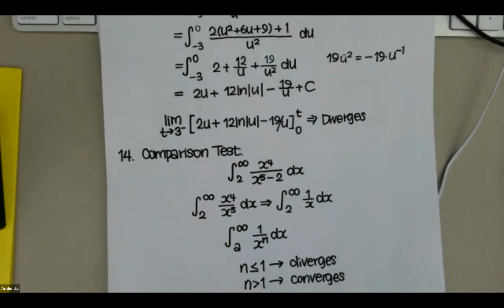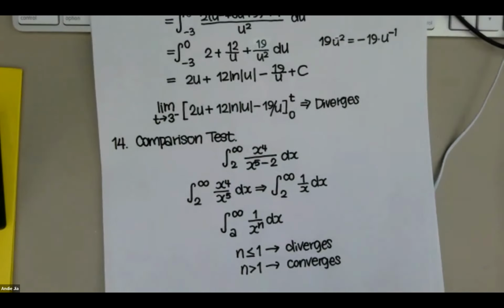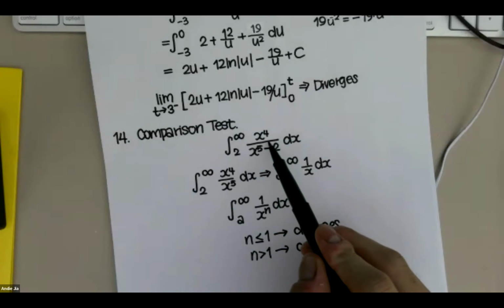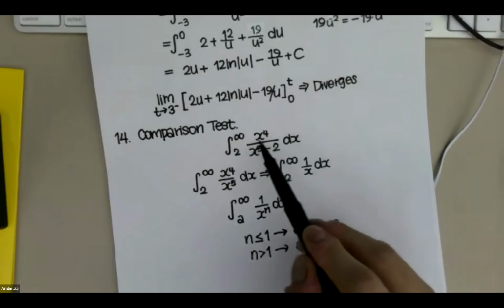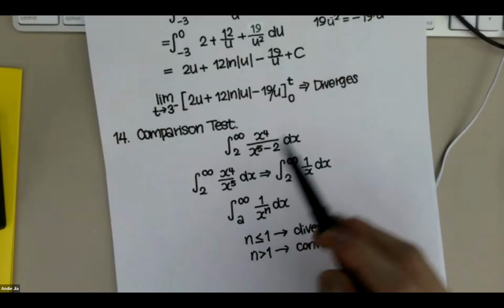Does this make sense to you guys? Yeah, that makes sense. And even if you make a U substitution, you're still going to get a power of 1, or a natural log here. So it is still going to diverge.